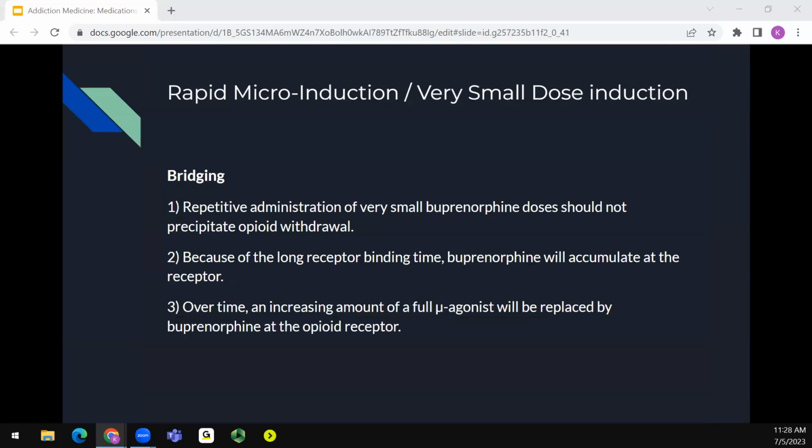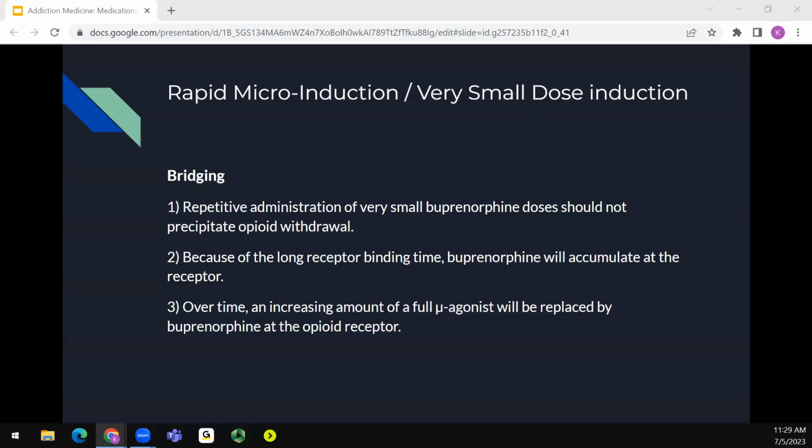The key principle in the transition from methadone to buprenorphine is the idea of bridging. So the pharmacologic principle of bridging incorporates a slow induction of buprenorphine onto the opioid receptors, facilitating a gentle loading of the high binding affinity and long half-life of bup, without significant displacement of the full agonist opioid.